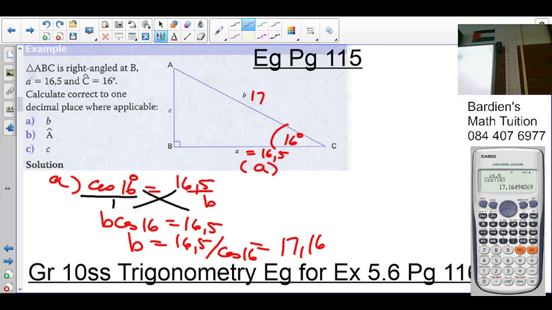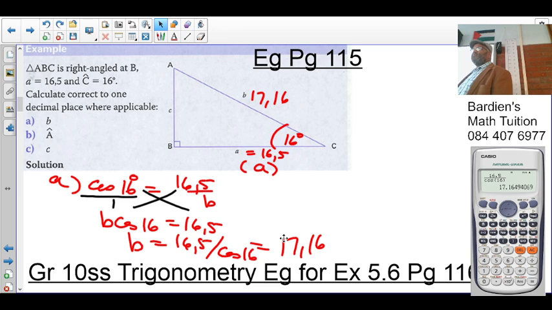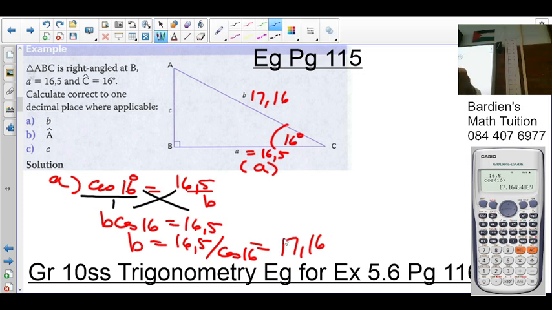Okay. You all understand? Is there anybody that's confused? No. Okay. Then for B, they want you to calculate angle A. So how do you calculate angle A? Sum of angles in a triangle again.